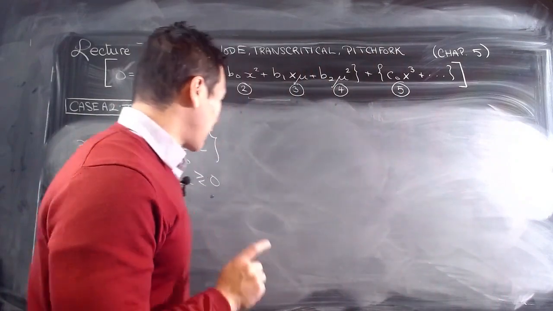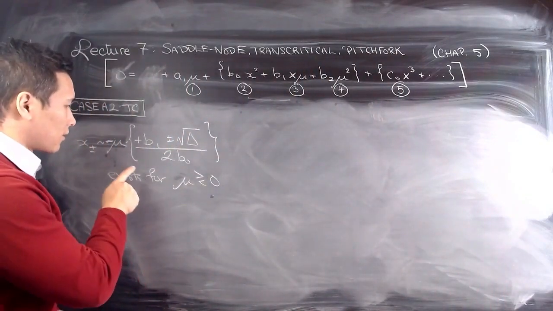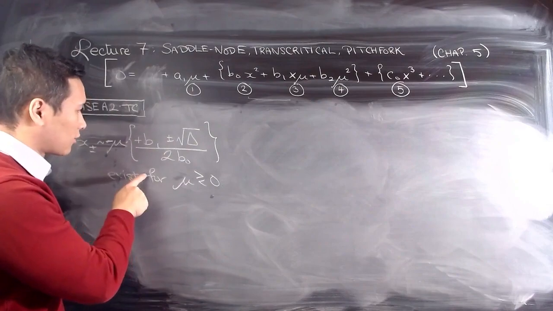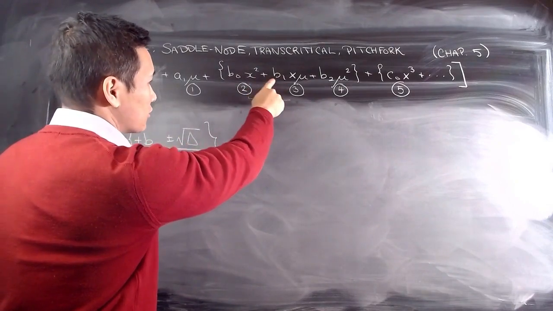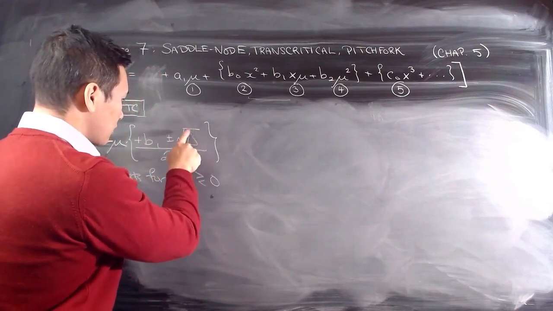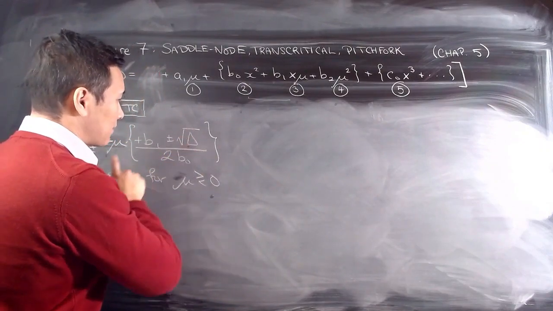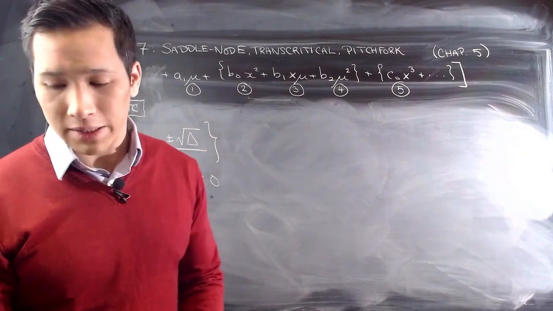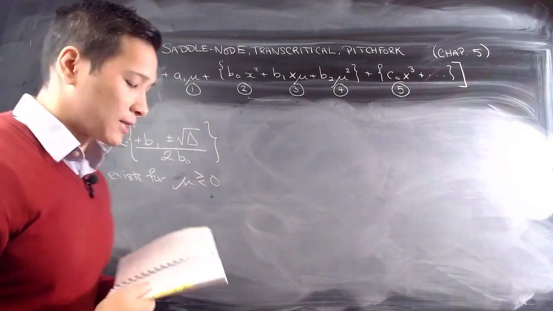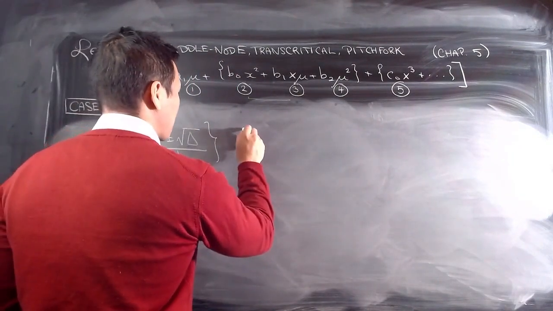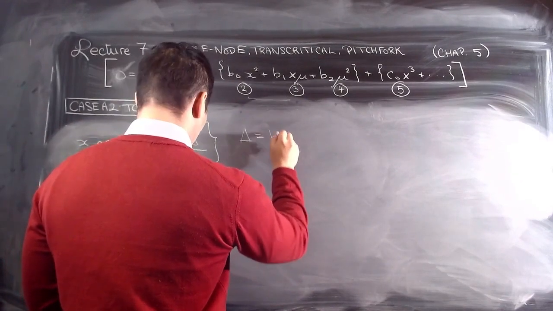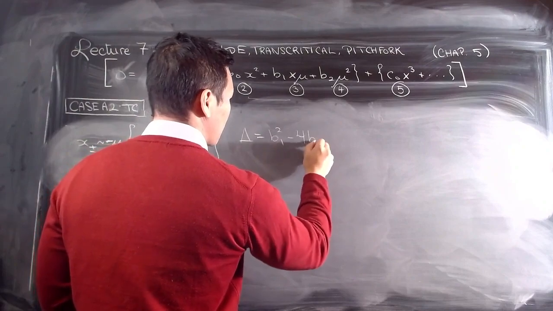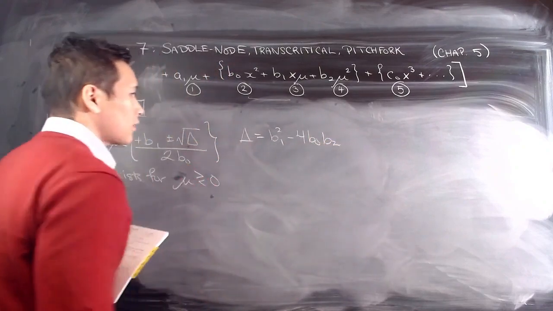Okay, so now notice that this quantity here, these will be just numbers depending on what goes into these coefficients. And this, in particular, this lambda here, you can assume it to be positive if these points are to exist. So this lambda, I'm just going to rewrite the delta is equal to b1 squared minus 4 b naught b2. Okay?